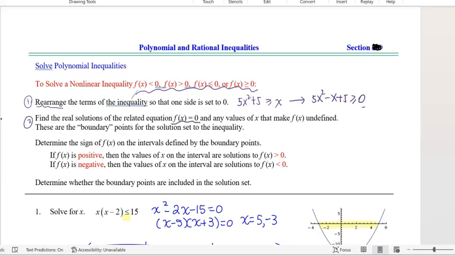So by solving equal to 0, we find any values of x that make this f(x) equal 0, using these x values as my boundaries.